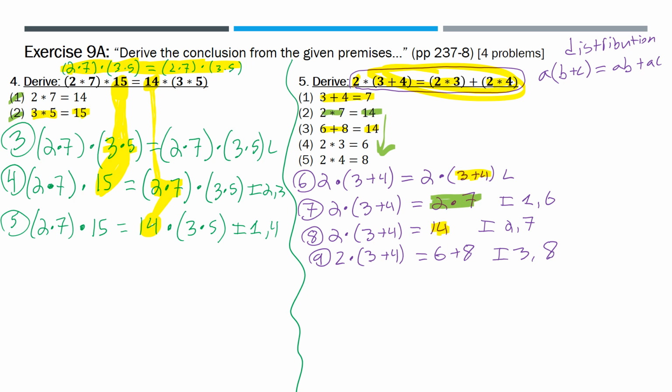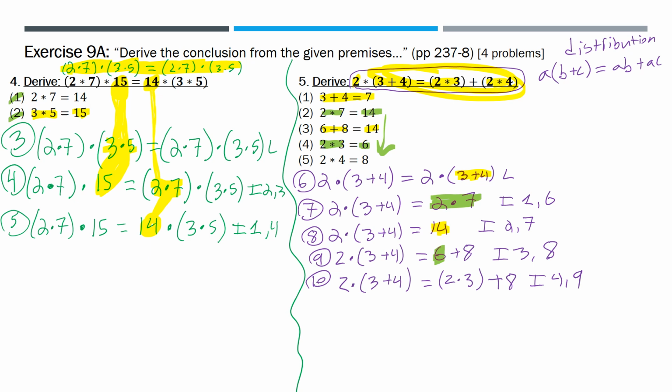Line 4 tells us that 2 times 3 is identical to 6. So we can get 2 times the quantity 3 plus 4 is equal to 2 times 3, that quantity, plus 8, rule of identity, lines 4 and 9.